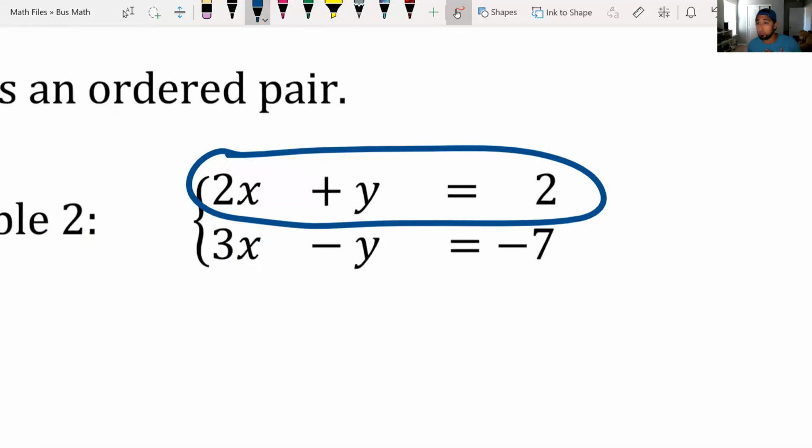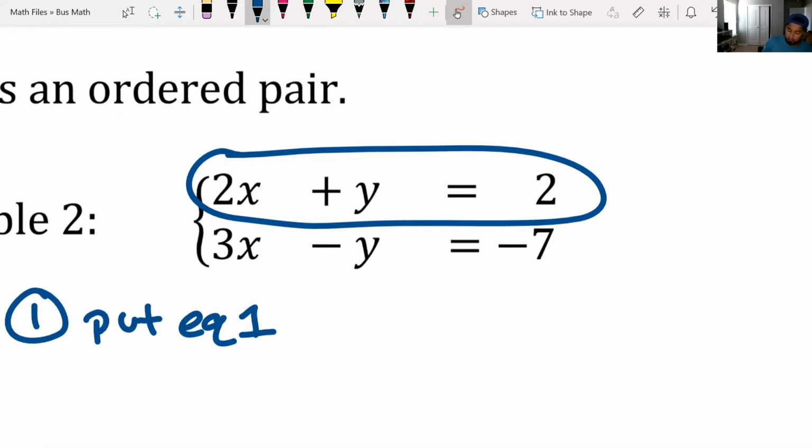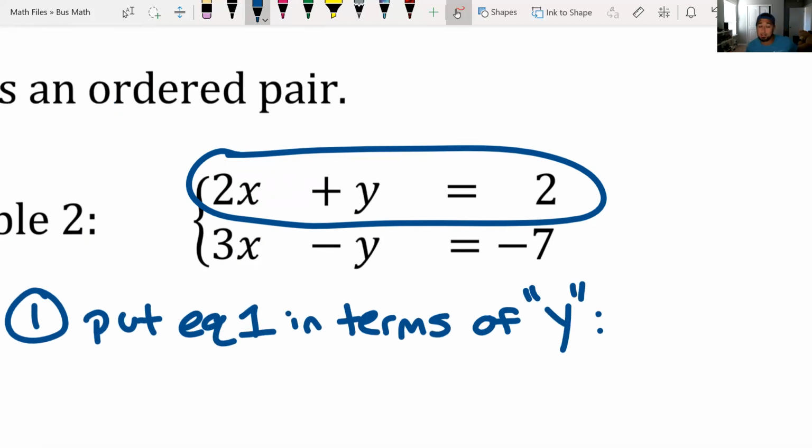We're going to solve for y on equation 1. So step 1, we're going to say, put equation 1 in terms of y. Or I could just make it easy and say solve equation 1 for y.